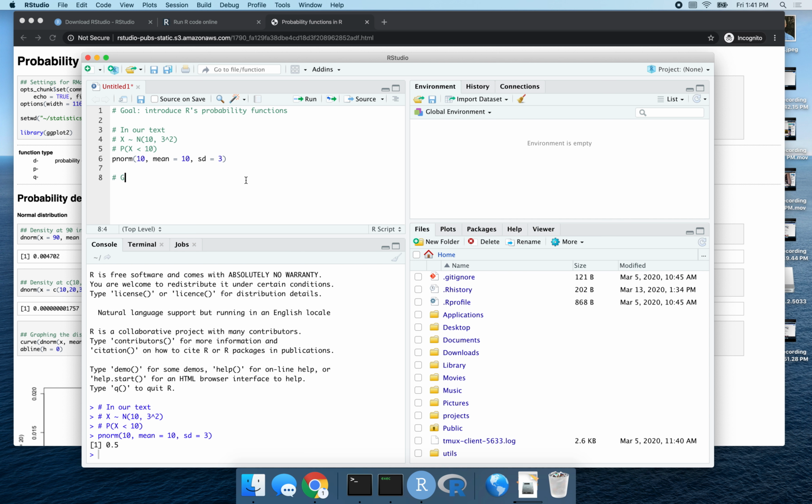But here's the general structure for these functions. They take a prefix and a suffix. So the prefixes are as follows.